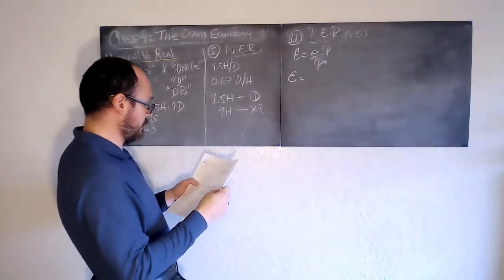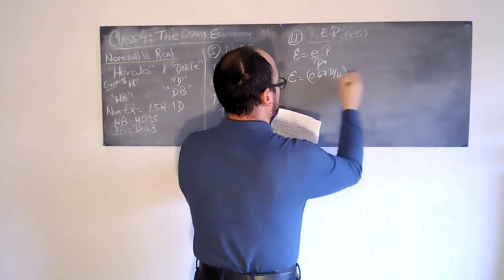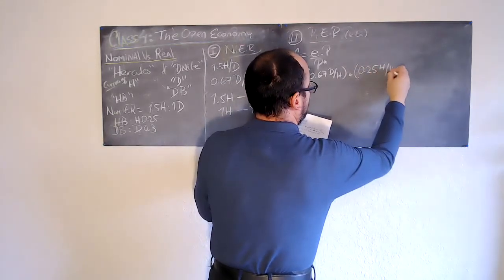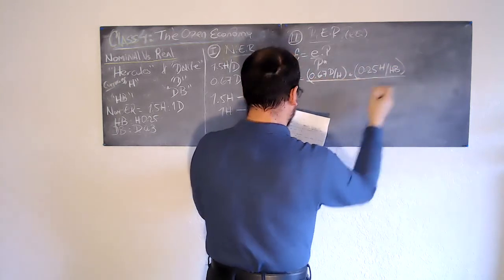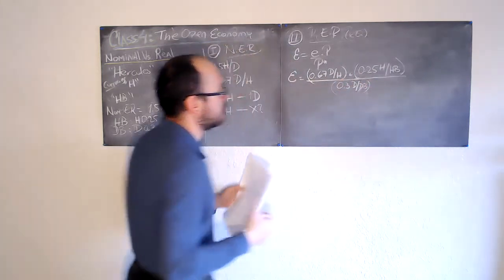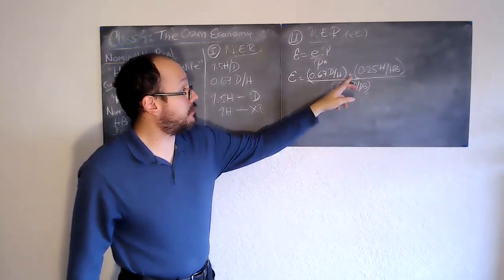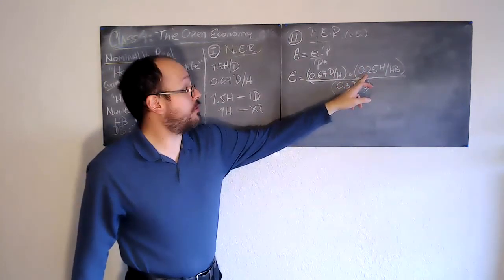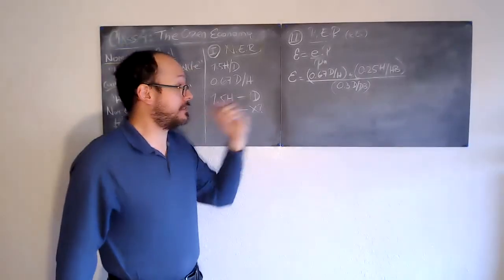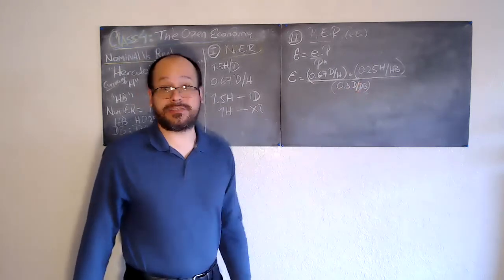In this case, the real exchange rate would be the nominal exchange rate, that is 0.67 Delilians for each Herculean, multiplied by the price of the Herculean beer, the 0.25 Herculeans for each Herculean beer, divided by the price of the same good, in this case beer, of the foreign country, in this case 0.3 Delilians per Delilian beer.